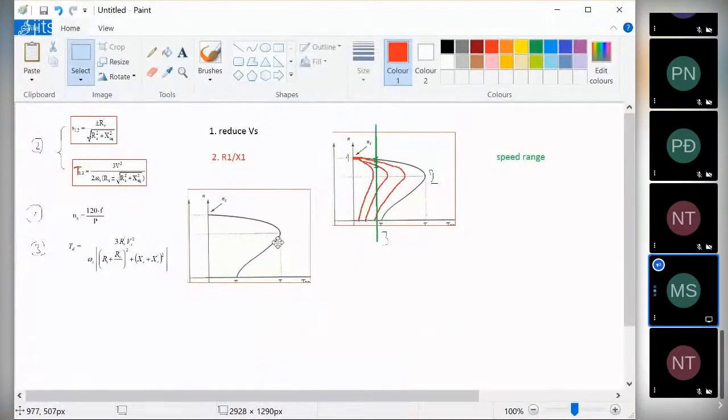Help me to find out the differential response in this case. The first one, synchronous speed. When you increase stator reactance or stator resistance, synchronous speed will be constant. Very good. Next, starting torque.